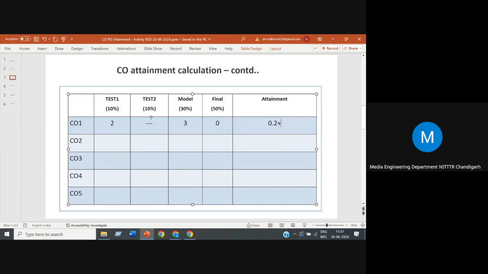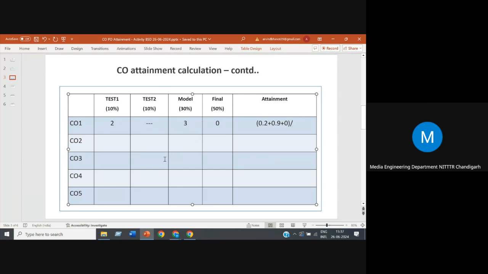Plus this is not mapped. So this 3 into 30%, that means 0.9. Plus 0 into 50%, so it will be 0.